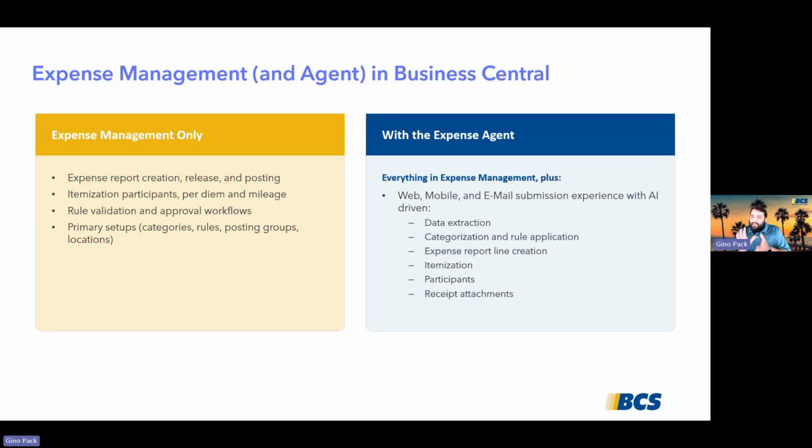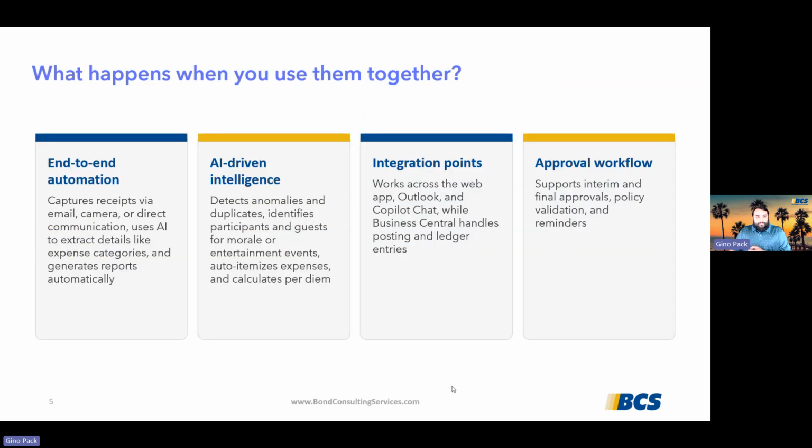So all of those main data points that you would normally have to manually enter on an expense, the expense agent fills out as much as it can for you, and all you really have to do is validate and send for approval. It's pretty cool. So we're going to go through a lot of that today, and I'm super excited to show it to you.